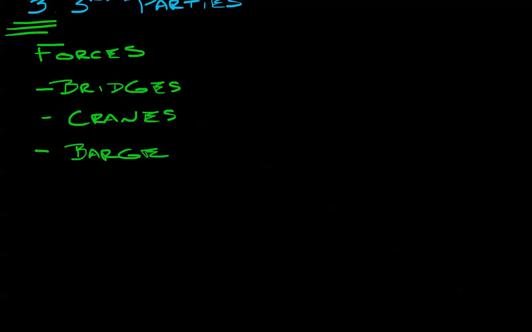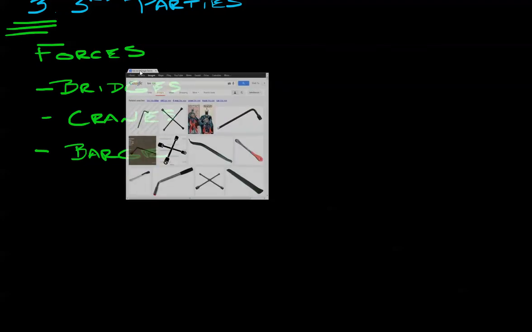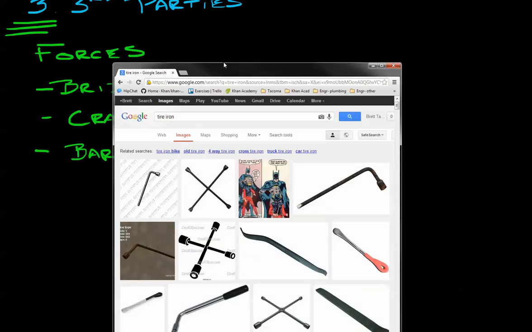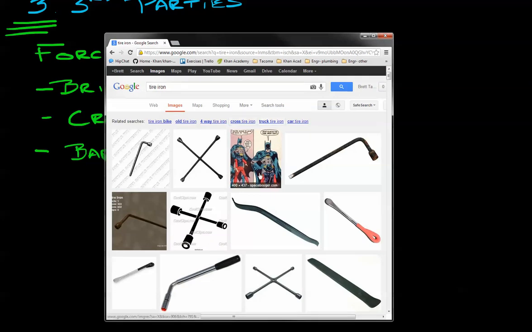Finally, another great area that is just a good common sense question is not Batman and his enemy, but rather tire irons. I'm not sure if you've noticed this when you've been wrenching on cars or working on things, but you have these two styles of tire irons, one like this and one like this.